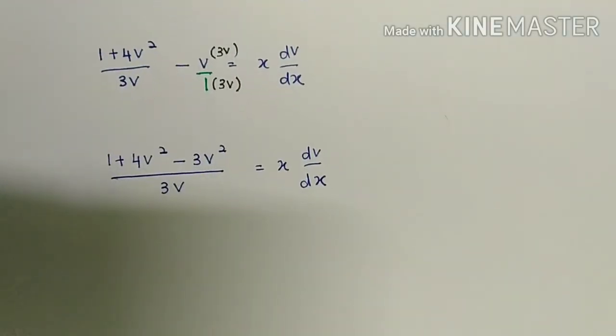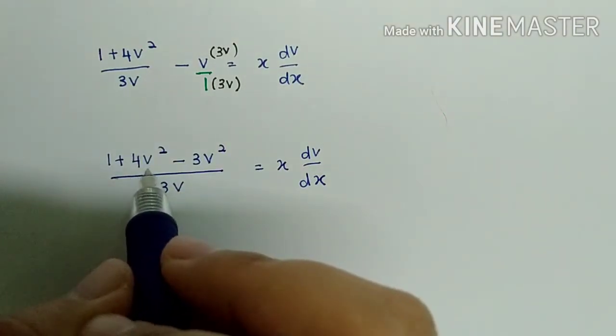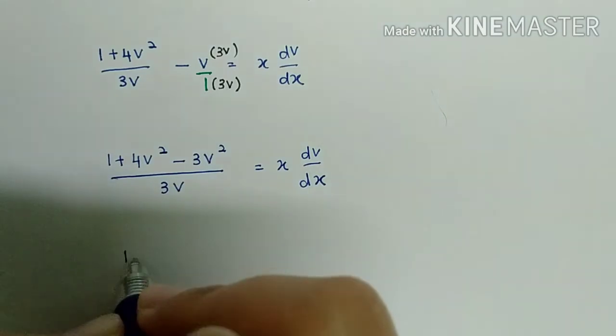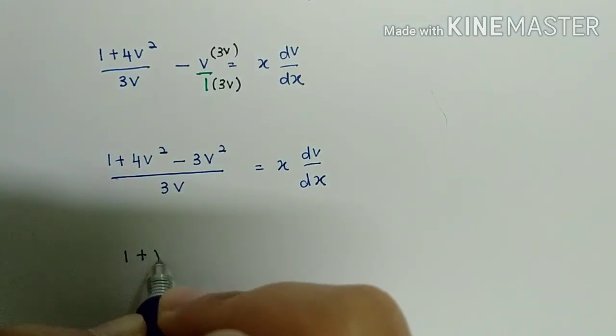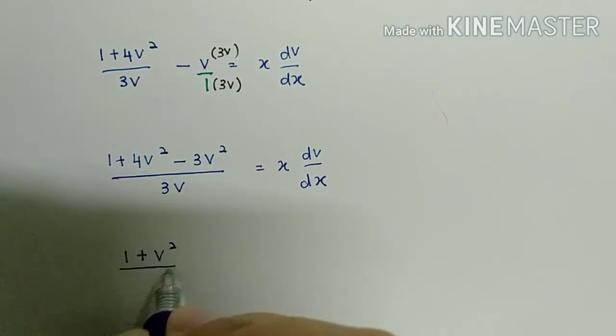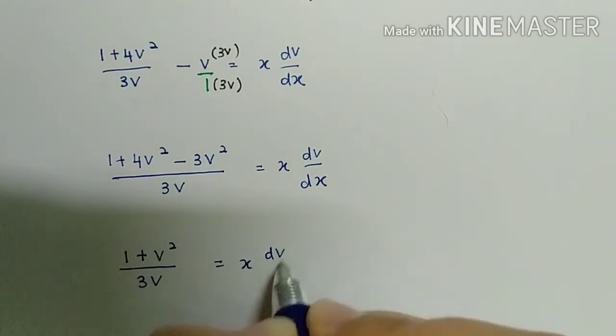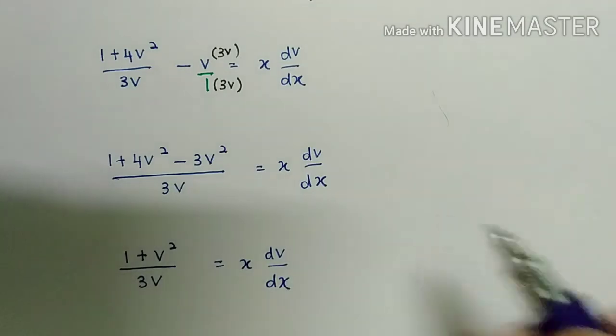And then we simplify 1 plus 4v square minus 3v square, we get 1 plus v square over 3v equals x dv over dx.